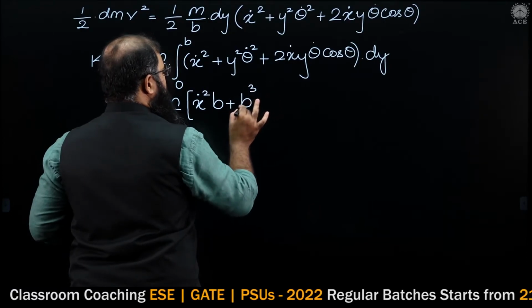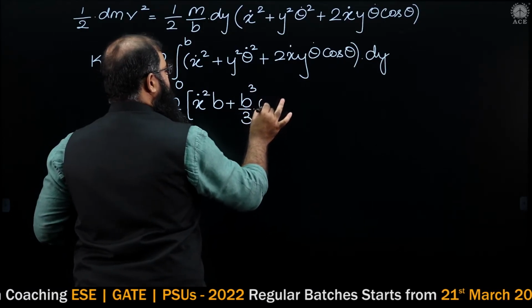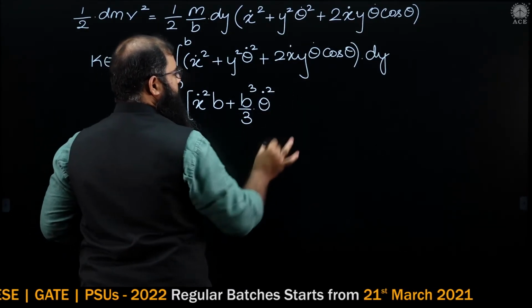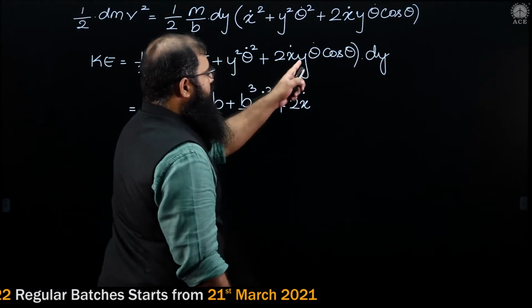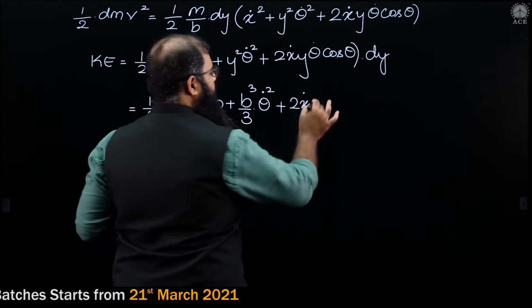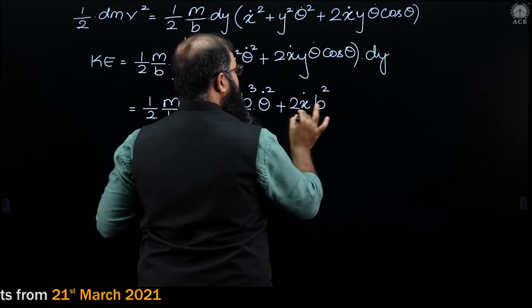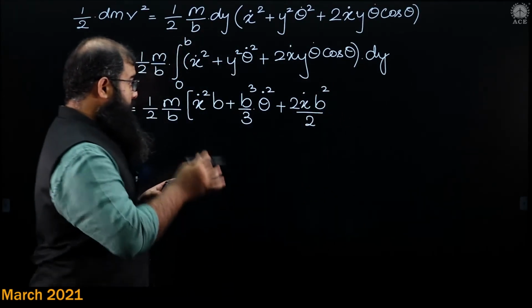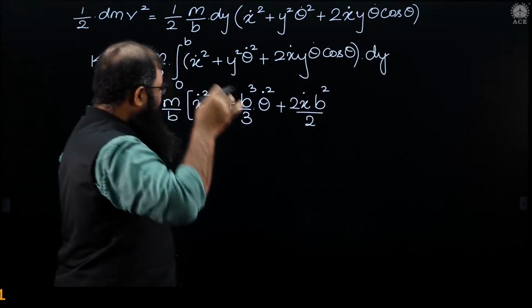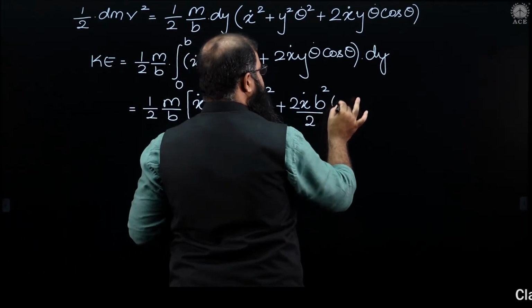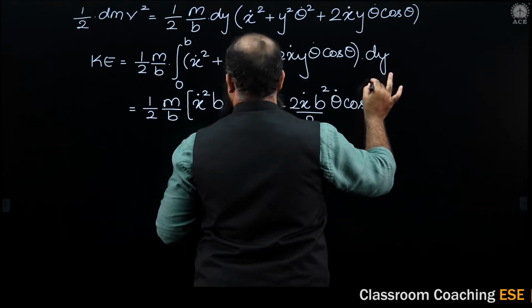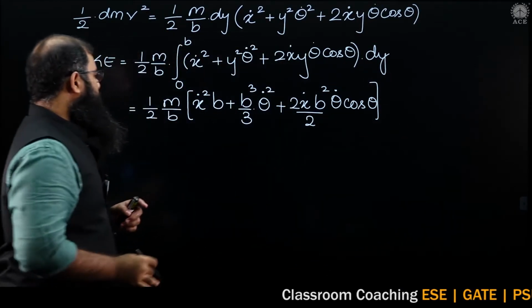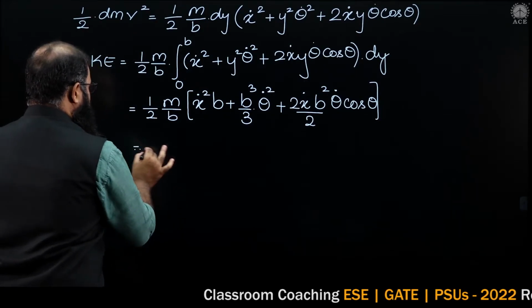So b cube by 3 times theta dot square plus 2x dot into y square by 2. Y square by 2 will give me b square by 2, theta dot cos theta.